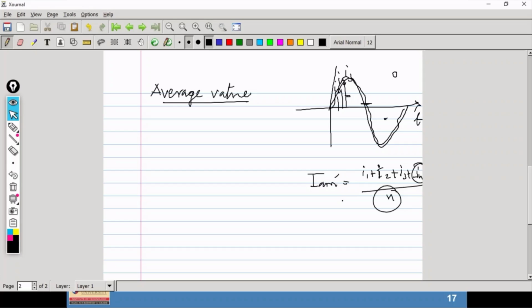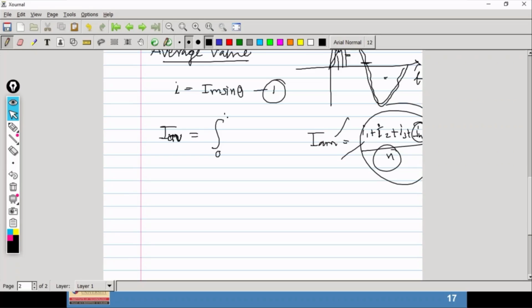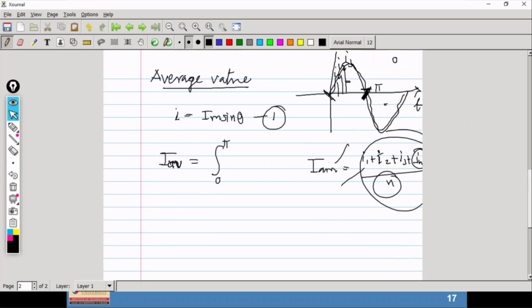I average is equal to, from 0 to pi, because we know that the average value at pi. So if we consider this is a sinusoidal waveform, or we can say non-sinusoidal waveform, the average value over the full cycle would be 0. So only the area will be considered.